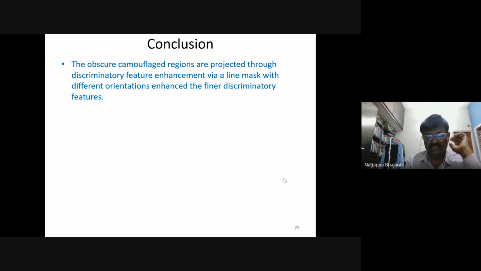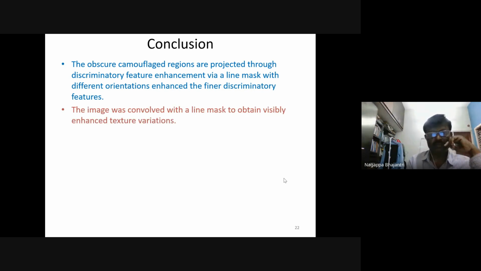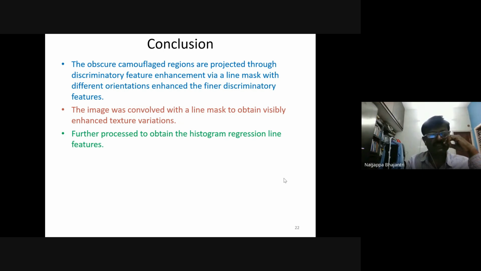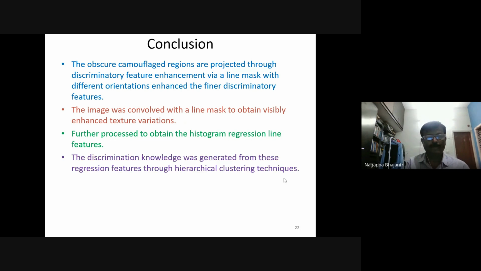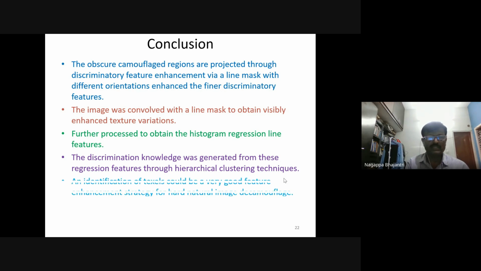We considered textures which are convolved with the line mask to enhance the visibility of the texture with their variations. Further, we obtain the histogram and regression line, and generate regression features for clustering, using the popularly available hierarchical clustering techniques. That is semi-supervised, which we have exercised.